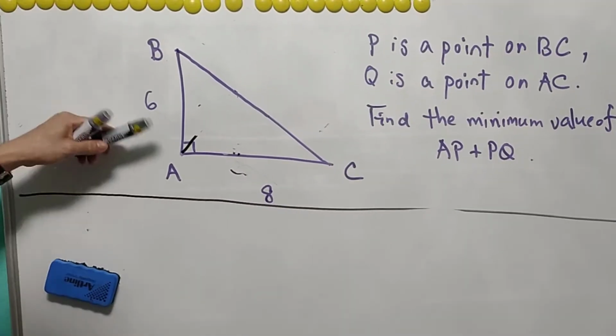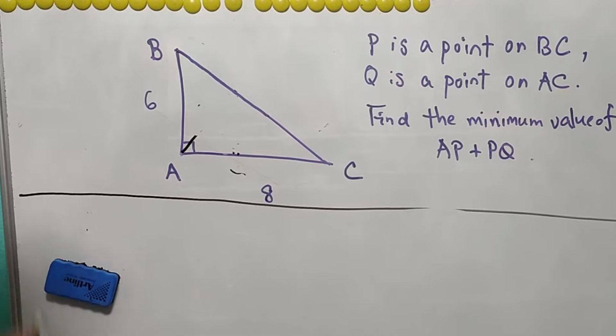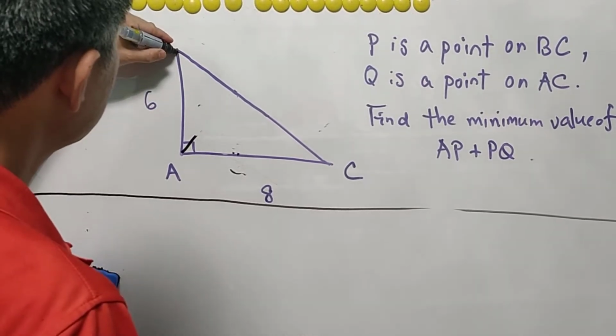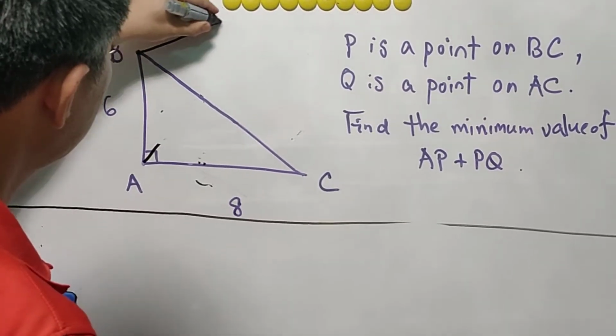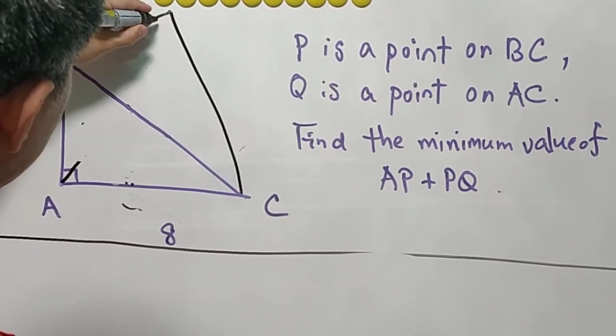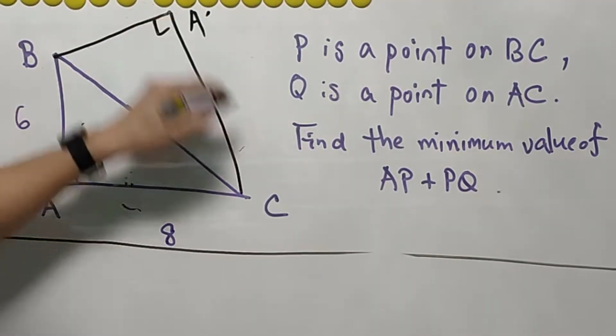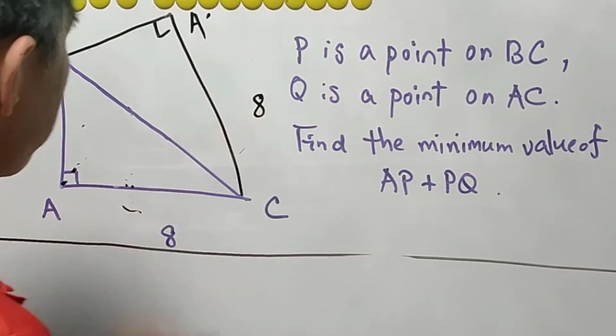We reflect ABC on the line BC, and the diagram that we have will be something like this, where this is A prime. Then we see that A prime C also equals 8.